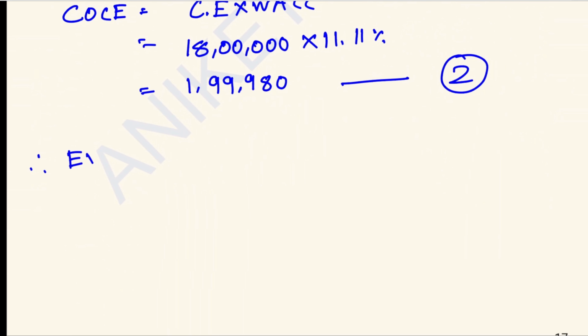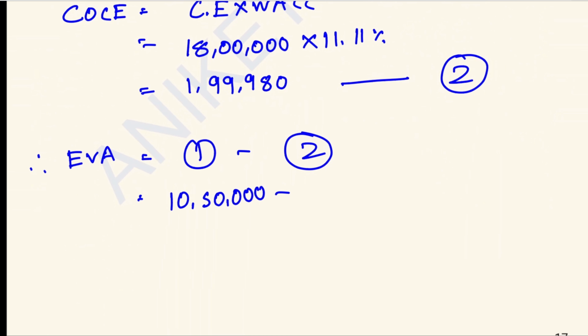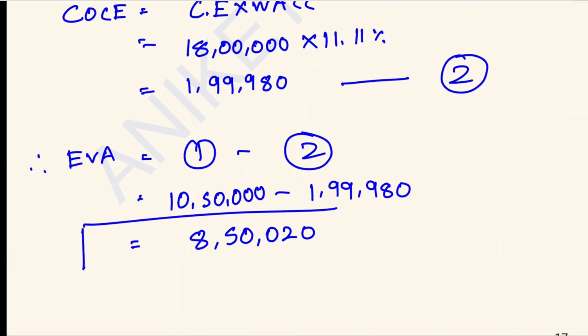Therefore, EVA is equal to 1 minus 2, where 1 is 10,50,000 and 2 is 1,99,980. So with this, you will get an economic value added of 8,50,020. So this is your EVA.